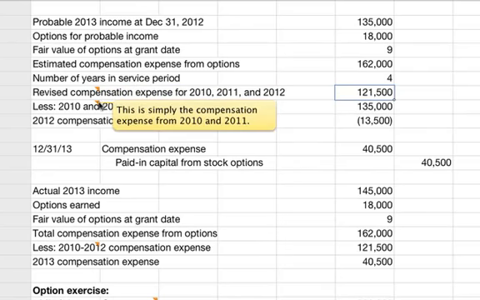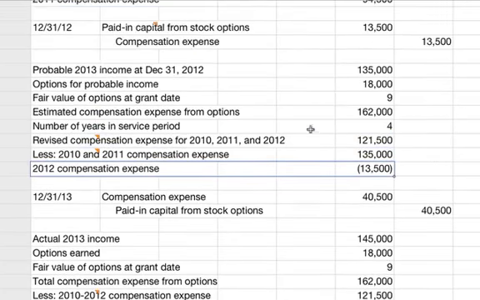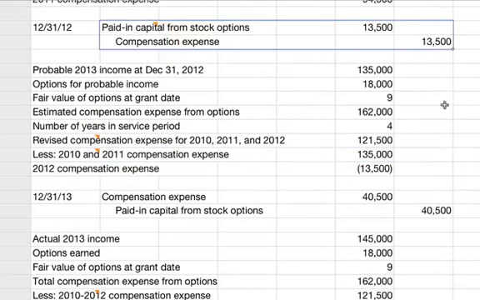But the compensation expense from 2010 and 2011 added together is 135, which is more than our estimated expense this year. So that gives us a negative 2012 compensation expense of 13,500, and you just reverse the journal entries that we had before.